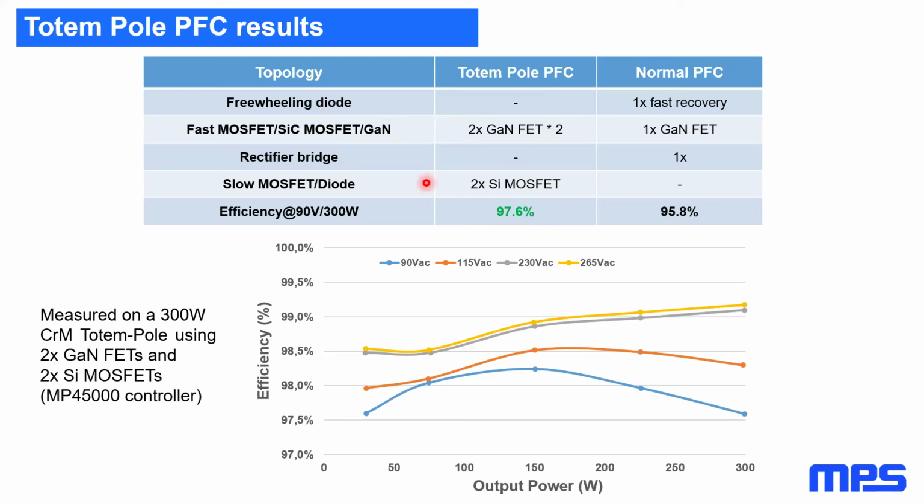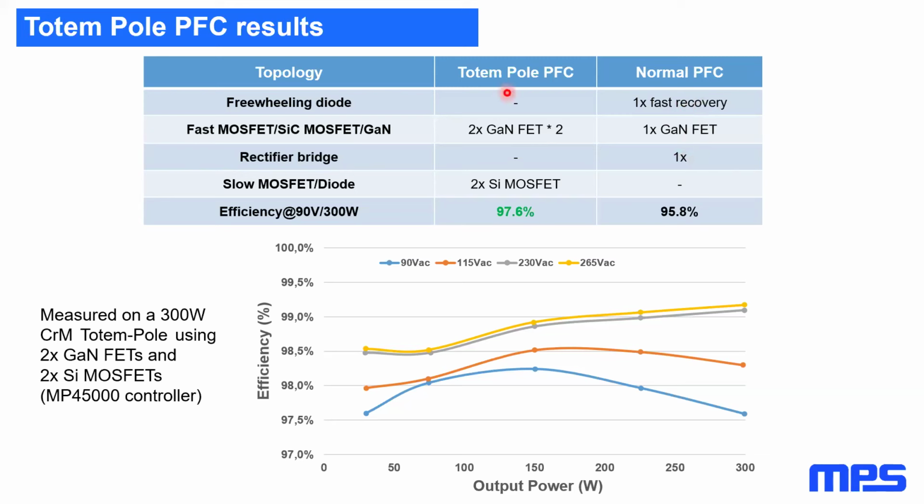So we're considering GaN here to have the highest efficiency possible. So two GaN FETs for the totem pole. This is for the fast switching, so for the boost in itself. And then we have two silicon MOSFETs for the polarity selection. And for a normal PFC, we have one GaN FET and one fast recovery freewheeling diode, plus, of course, the rectifier bridge.